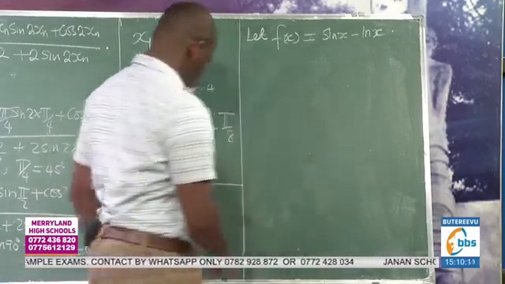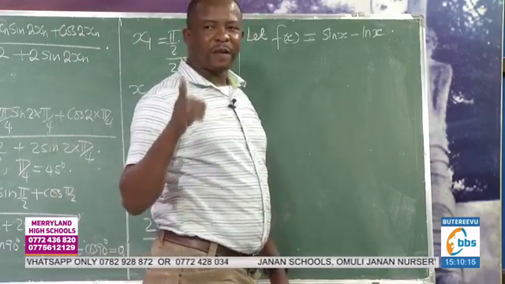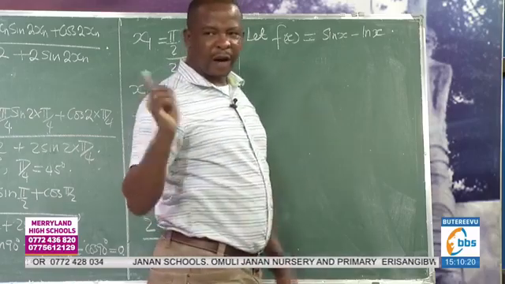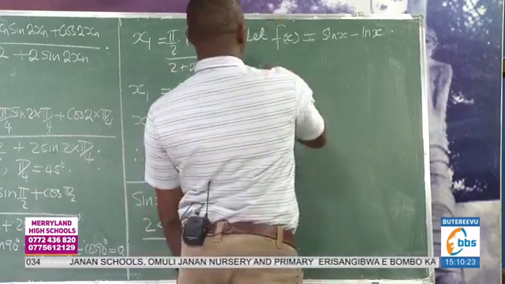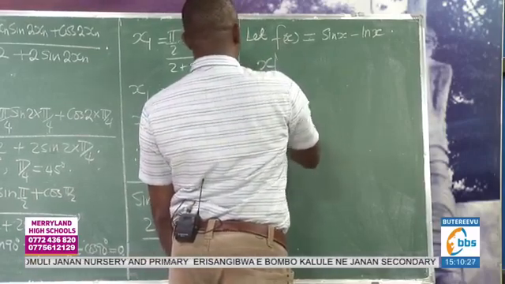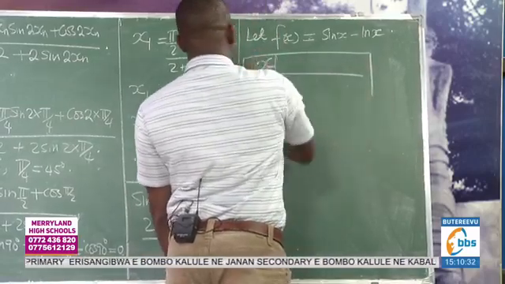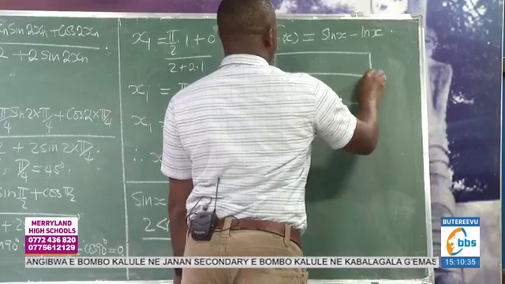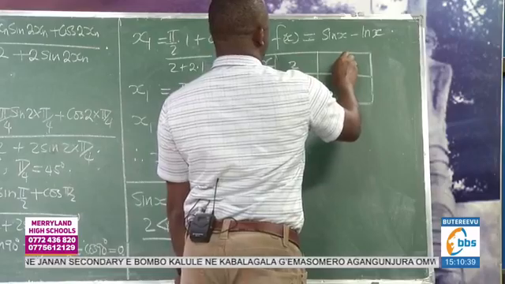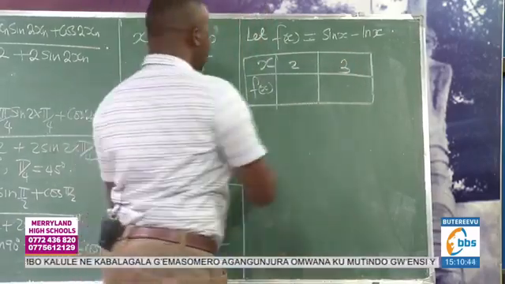Since the root lies between 2 and 3, remember the condition is we are supposed to feed in 2 in our function and feed in 3 in our function. In other words, if my x is here and my f of x is here, then we are expected to find the values of f at x equals 2 and f at x equals 3.